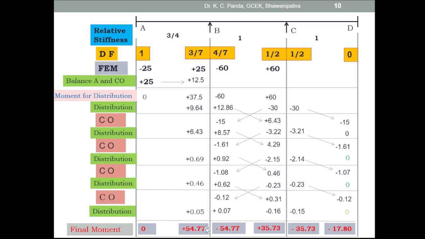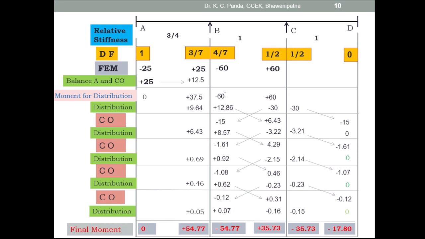So sum all the moments at a particular end of the member to get the final moment. Here at this end the moment is already 0. Take the moment distribution and sum all the moments here, and this is equal to 54.77.